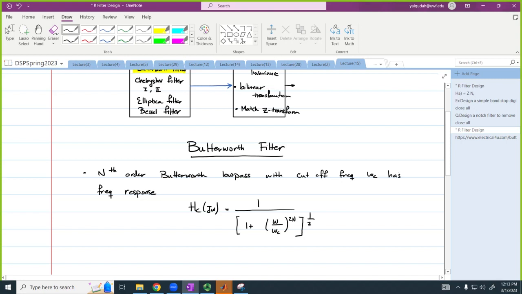This is the frequency response of the Butterworth low-pass filter.